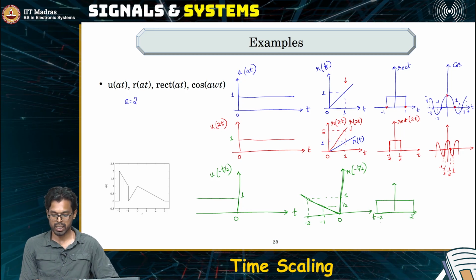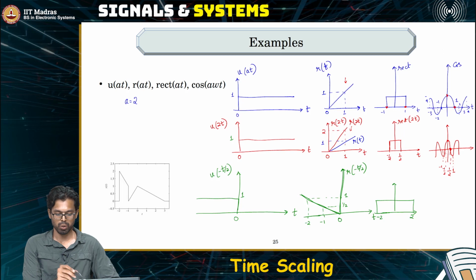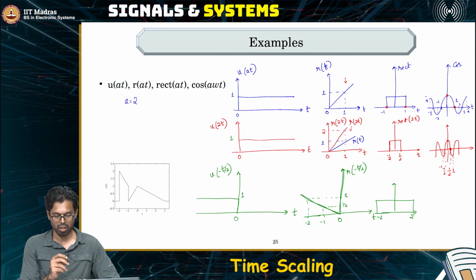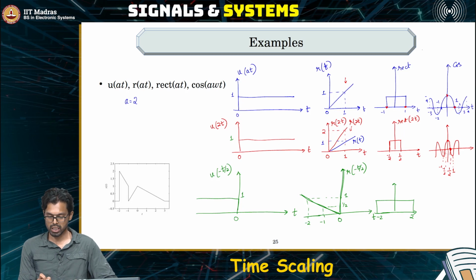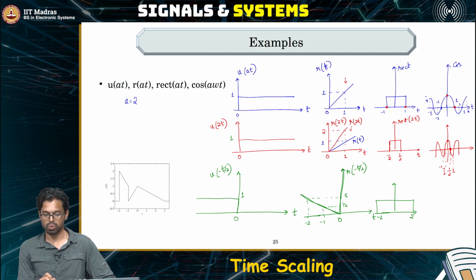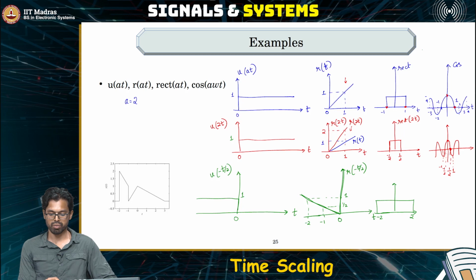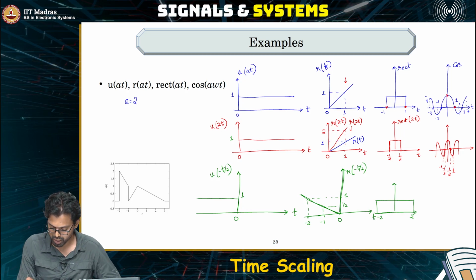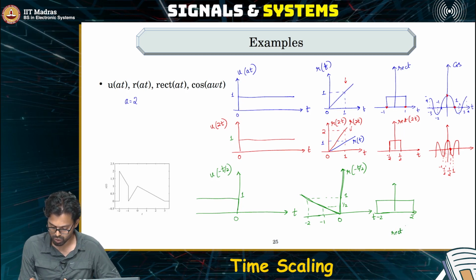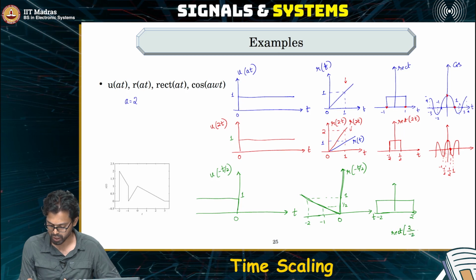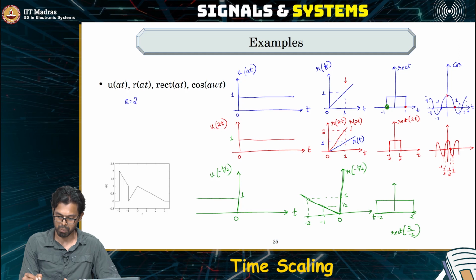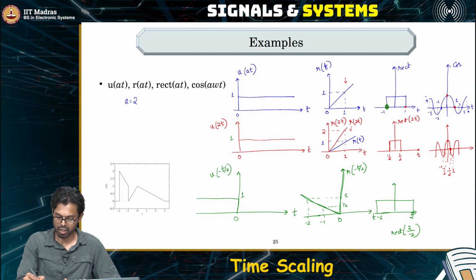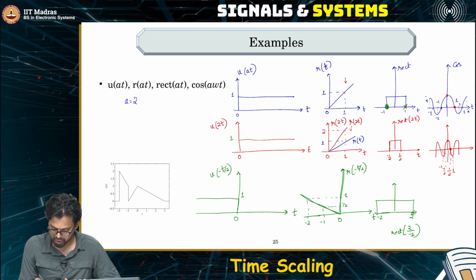Okay, when t is equal to 2, you plug in at rect of minus t by 2 the value of t is 2. So whatever you're computing at this point is rect of t divided by minus 2, which is rect of minus 1. So this point gets mapped here, and this point gets mapped here.